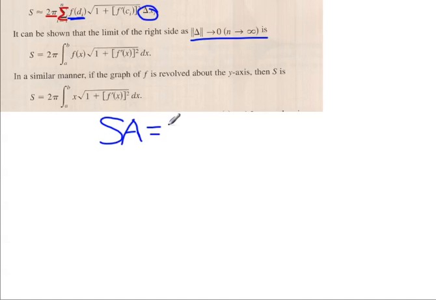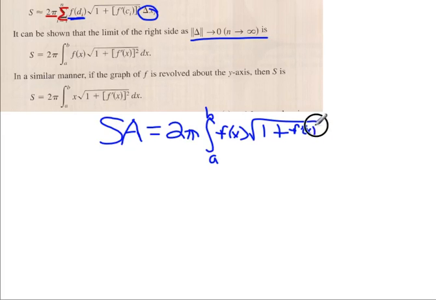So anyway, that's just going to be 2 pi outside the integral from wherever you want to start to wherever you want to stop on the curve, and then f of x, and then the arc length part, right? 1 plus f prime of x, make sure you get it the right way, squared dx. So this is almost like arc length, except the only new parts are you've got 2 pi outside the integral, and r, the radius, has to stay inside the integral because it's a function of x.